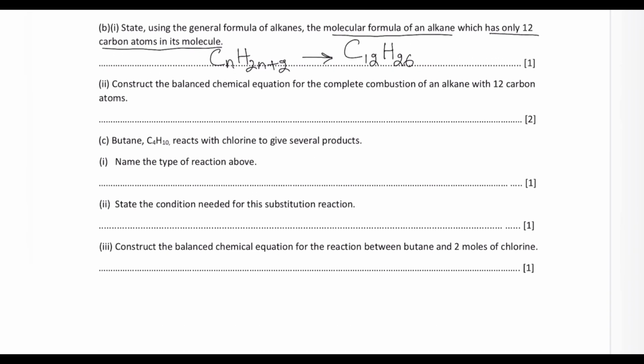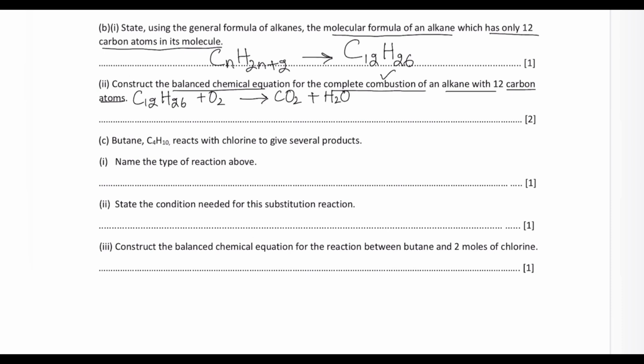Next question is, construct the balanced chemical equation for the complete combustion of an alkane with 12 carbon atoms. Okay, so we will construct the equation C12H26 plus oxygen, as this is an example of complete combustion. So carbon dioxide gas is produced with the water vapors.